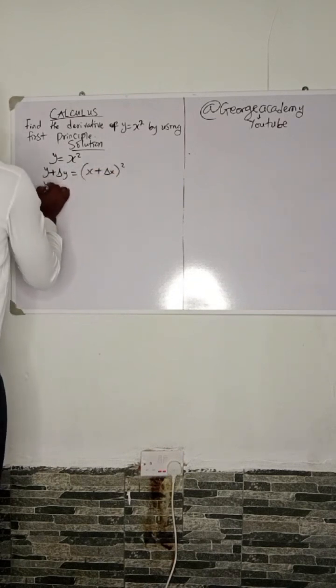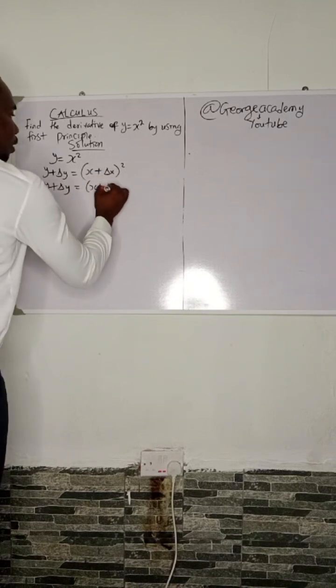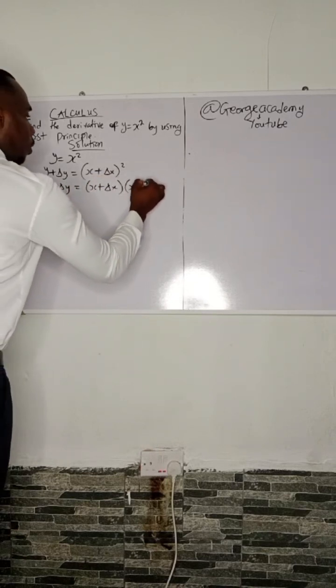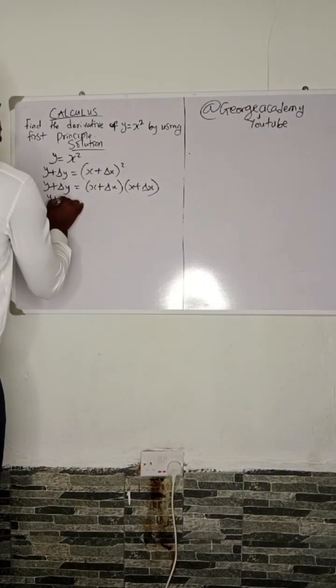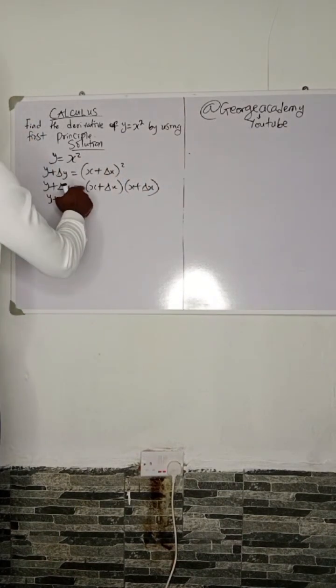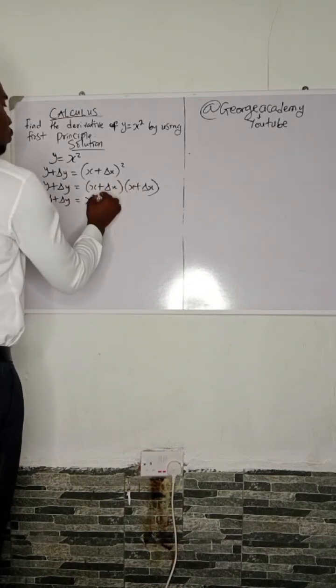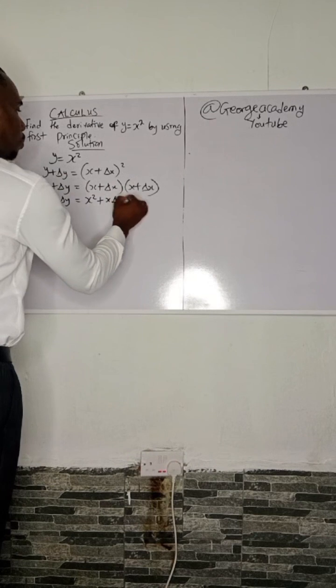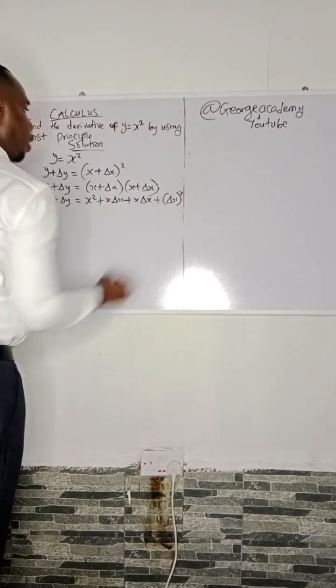So y plus delta y is equal to x plus delta x into x plus delta x. That's the square of this. So y plus delta y is equal to, what do you have here? x times x gives you x squared. x times this gives you plus x delta x plus x delta x plus delta x squared.